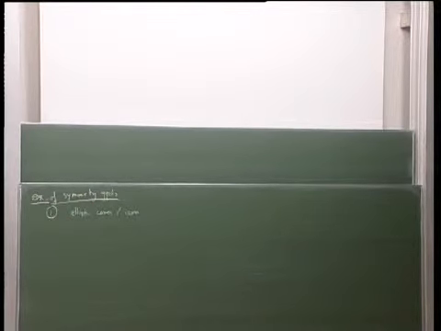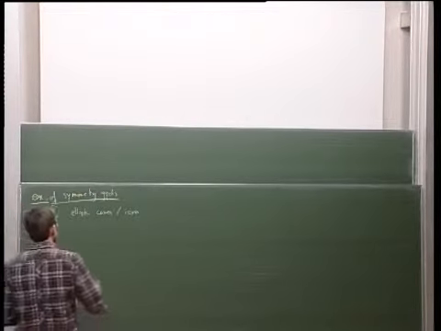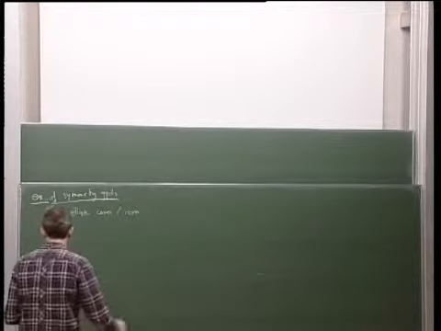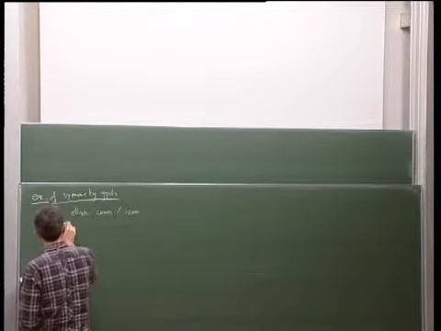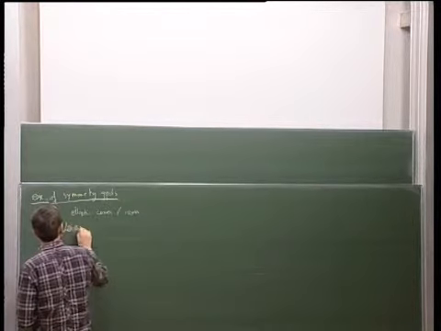Let's see, and my favorite example of a family. So there's many nice, well-known examples of families of elliptic curves, but as one example, let's look at the Weierstrass family.